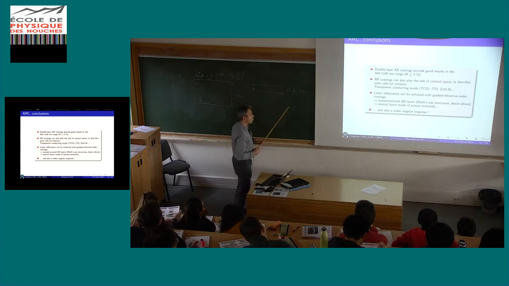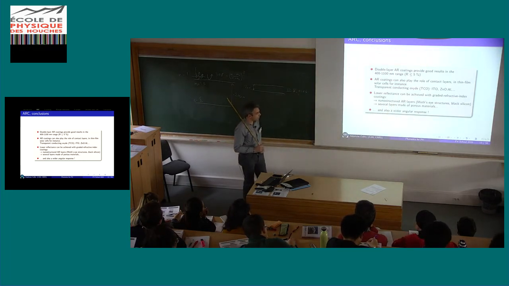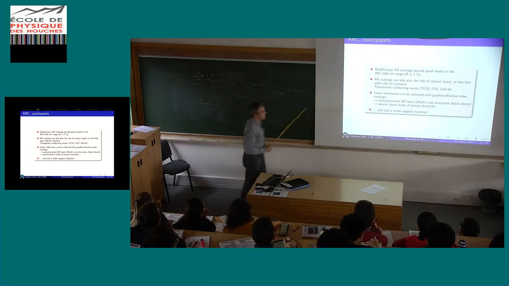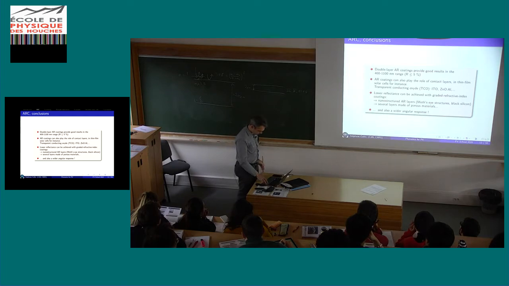However, to do these anti-reflection coatings, you can make use of transparent conducting oxide layers, which will have both an optical and an electrical role, and you can have even lower reflectance using this kind of ideas like graded refractive index coating and nanostructurations. And you have also with this strategy wider angular response. So now what you have?